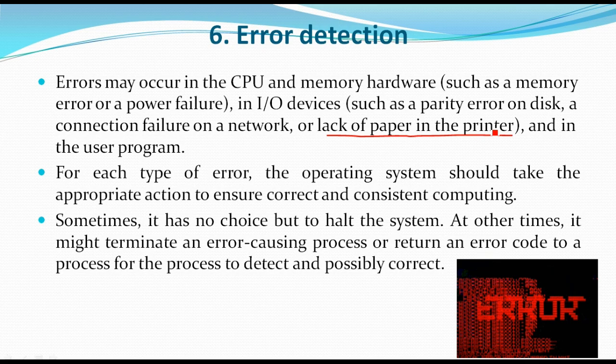So a debugging facility can greatly enhance the user and programmer ability to use the system efficiently. So we can debug the error that is causing the process to terminate or halt. We can detect that, we can correct that, and we can use the system in a normal mode.